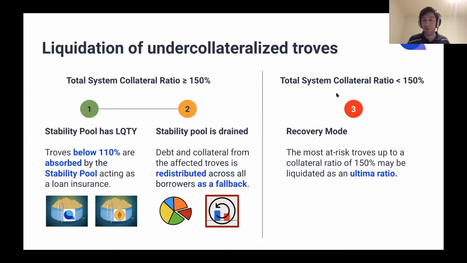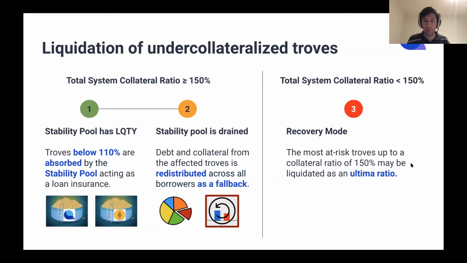And then in case of a total disaster, if the system's total collateralization ratio drops below 150%, we would apply a recovery mode, which has some special rules for how we do liquidations. I won't go into details here, but liquidations would become more relaxed, so more positions would be up for liquidation.